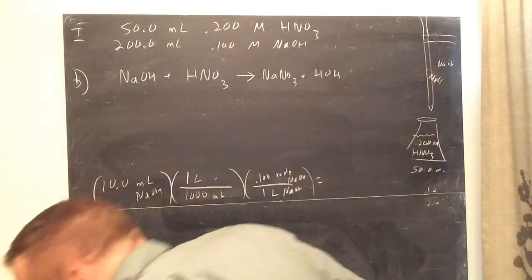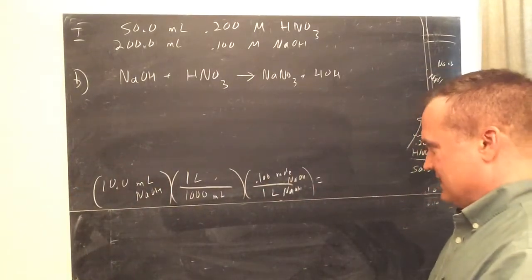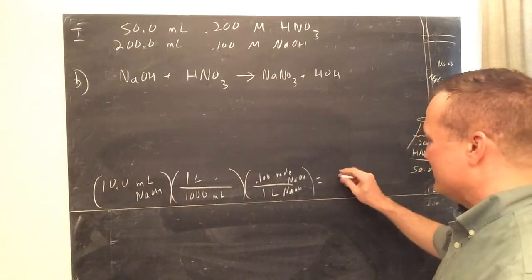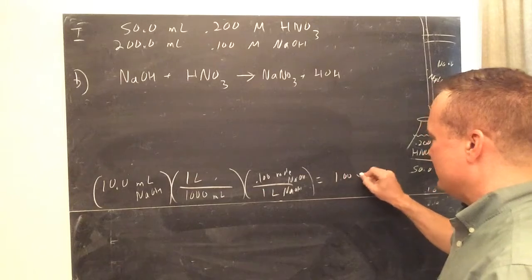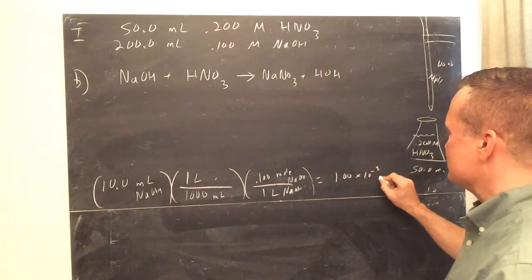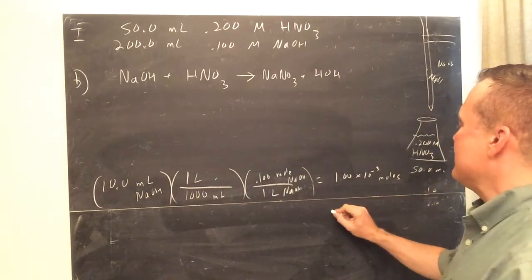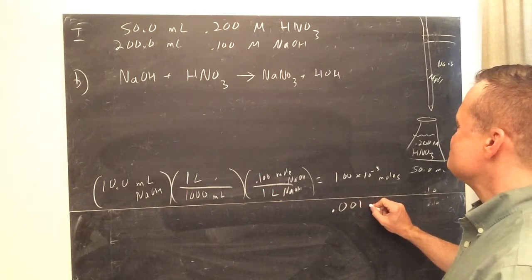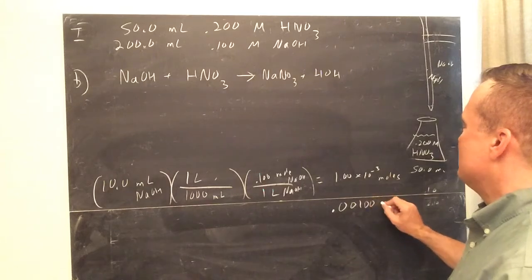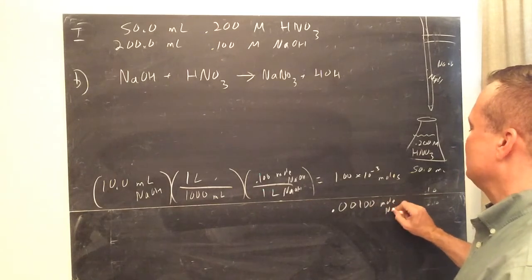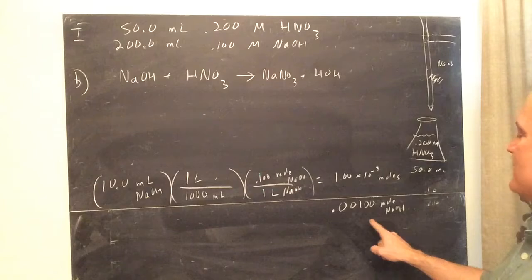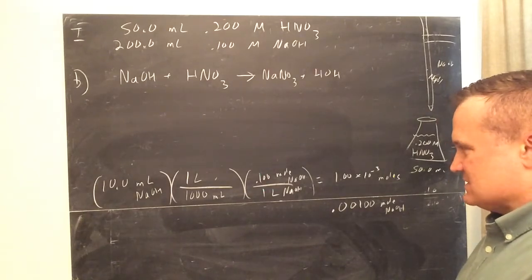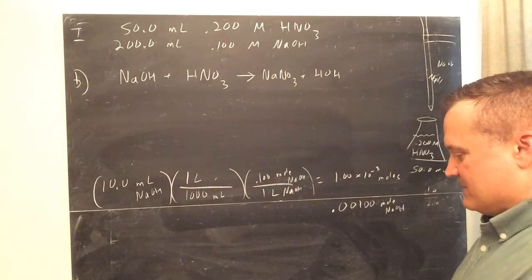And so what is that going to give me? 10 times 0.10 divided by 1,000. I don't want to try to do all that in my head that quick, but 1 times 10 to the negative 3 moles. Or maybe I'm going to make it 0.001 moles of NaOH, just to play around with the math a little bit better. 0.00100 moles. 10 times 0.100 divided by 1,000.